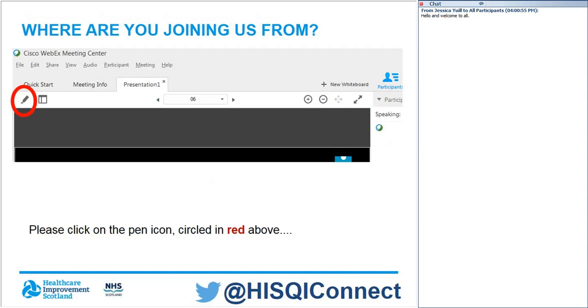So we did promise that today's session was going to be fun and interactive, and this is the interactive part. We're really keen to find out where you are joining us from today. So if you could please select the annotation tool that you see circled in red on the screen there, to the top left-hand side of your screen.